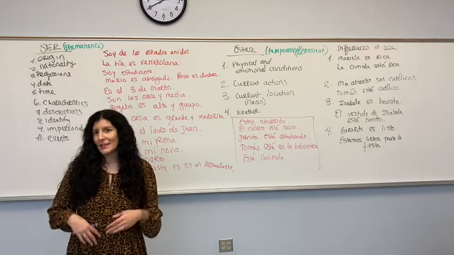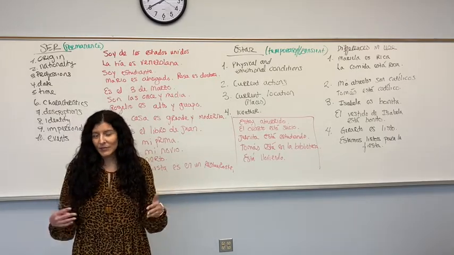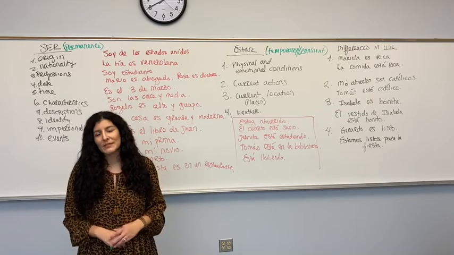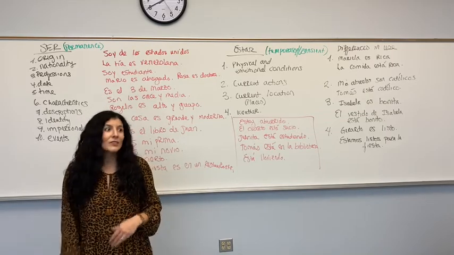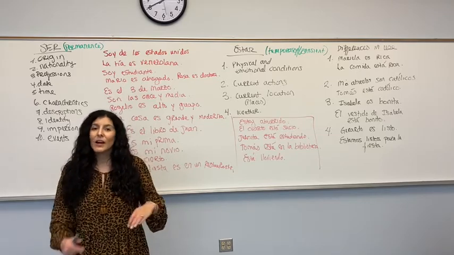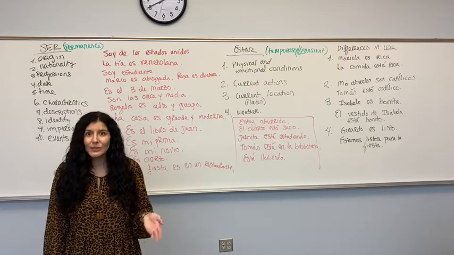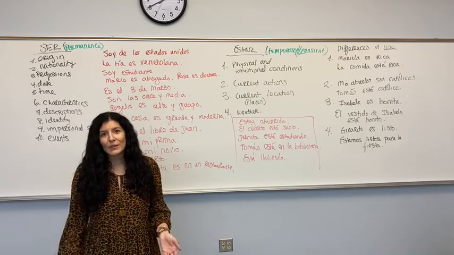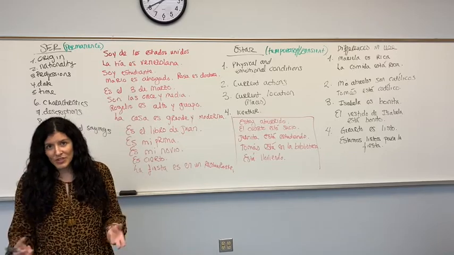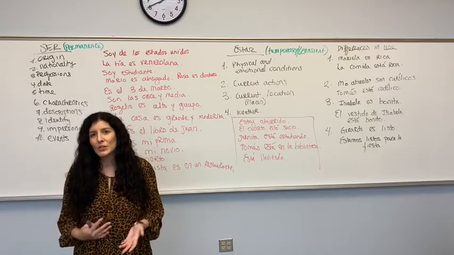Soy de Francia, soy de Rusia, soy de Africa, no? All sorts of different ones. Anywhere we're talking about origin. Soy de Sebring, soy de Evan Park, soy de Arcadia. You know, I'm from all these different cities. Soy de Orlando, you know, I'm from Orlando. So all of those different types of origins, cities or places or regions, all those origins would use ser.